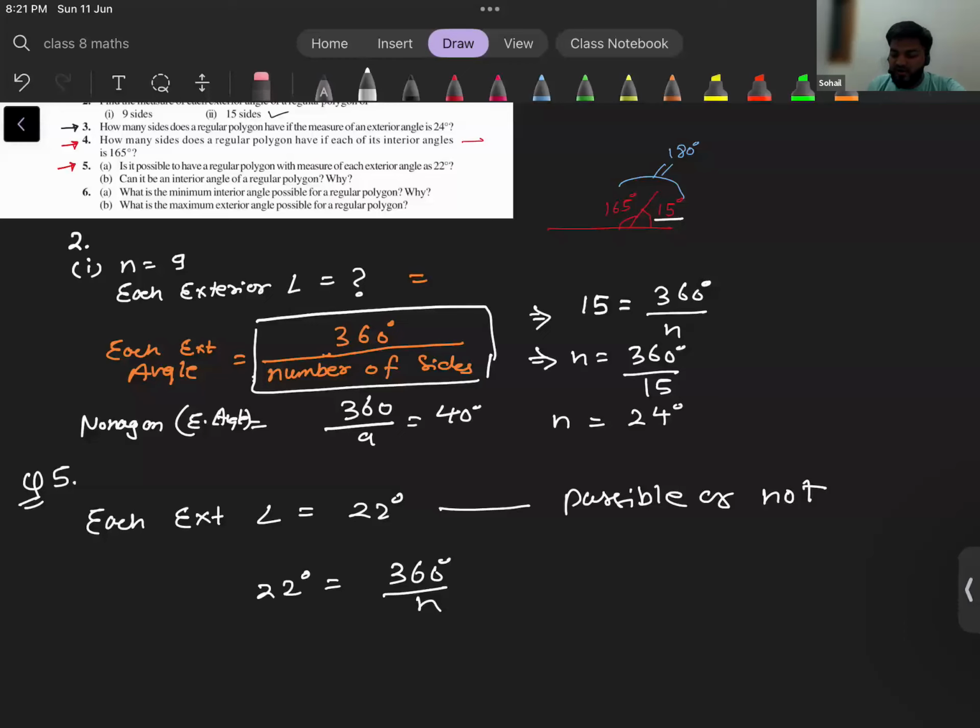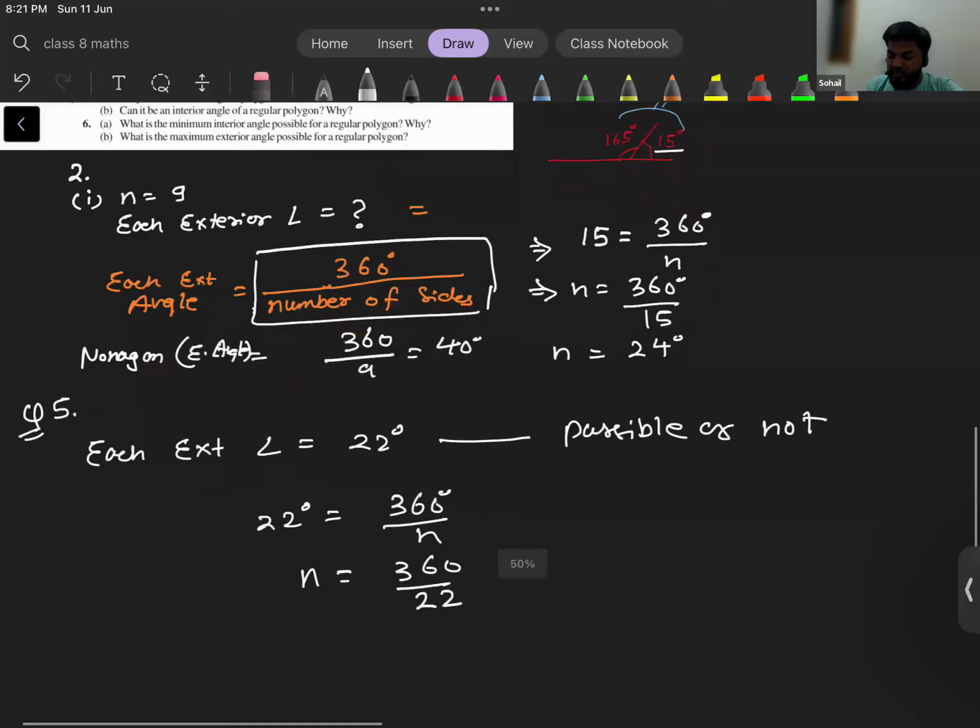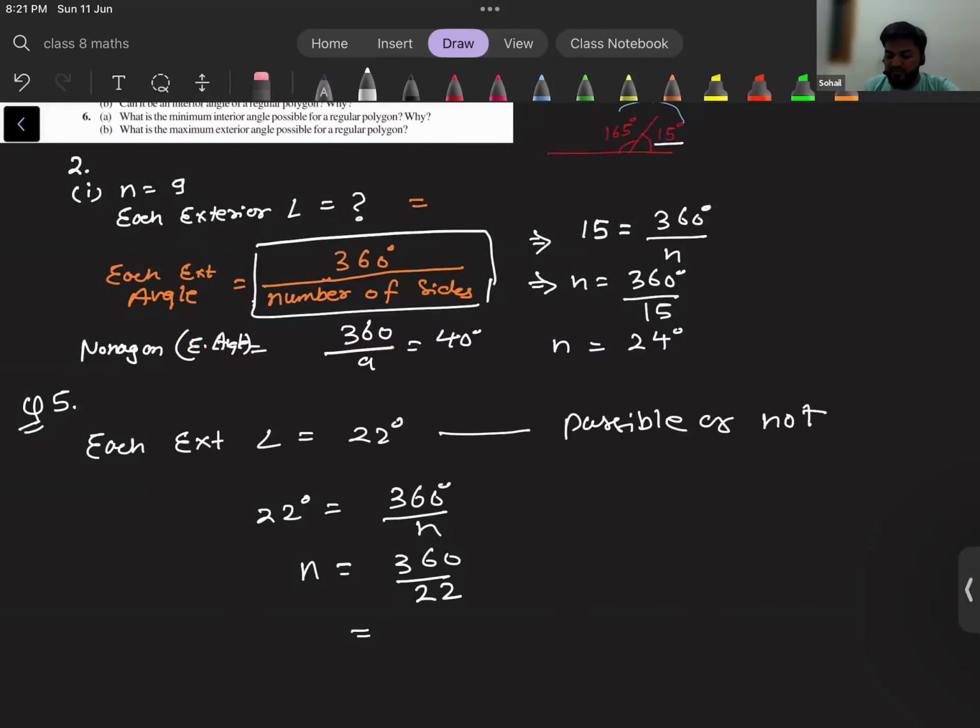So n equals 360 upon 22. It should give me a proper value. If the value comes in decimal or fraction, then it is not possible to have 22 degrees as an exterior angle. What do we get here? Sir, the value comes in decimals.